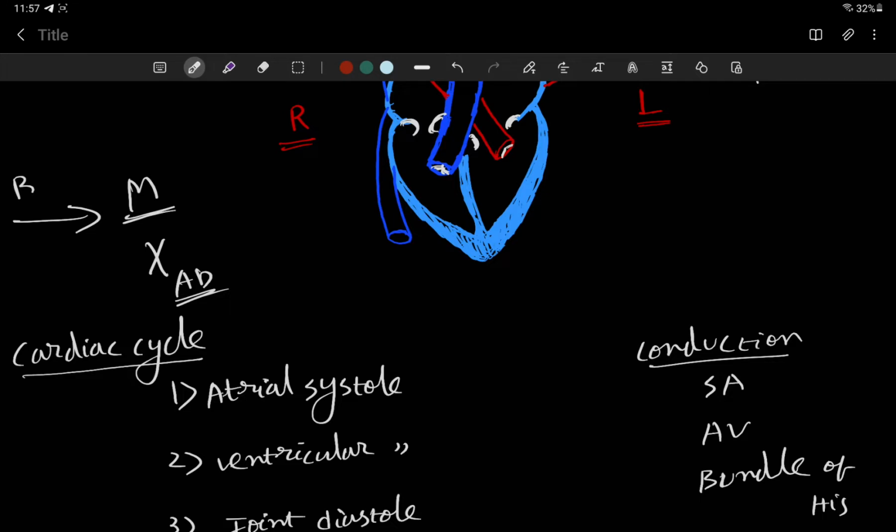When the next baby comes with the same blood group, these antibodies against this positive antigen will enter the next baby by crossing the placenta, and will clot the blood and kill the baby. This process is called erythroblastosis fetalis.